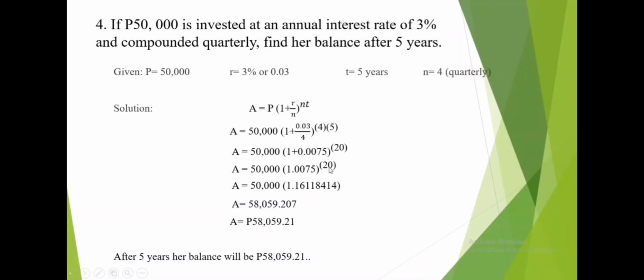Raised to the power of 20 is 1.16118414. Multiply to 50,000. We have 58,059.207. Or round off, we have 58,059.21. After 5 years, her balance will be 58,059 pesos and 21 centavos.